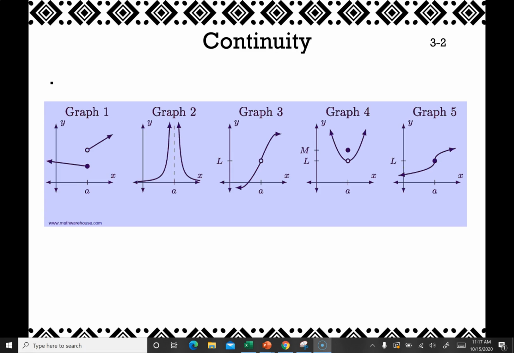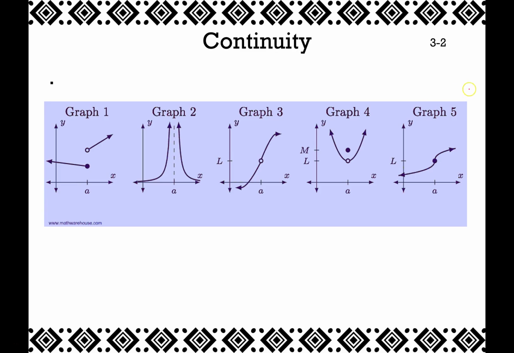Continuity. I've got 5 examples here, and only one of them is continuous at a particular value of a. Which function is continuous at a? If you said graph 5, you are correct. The other functions are not continuous at a.